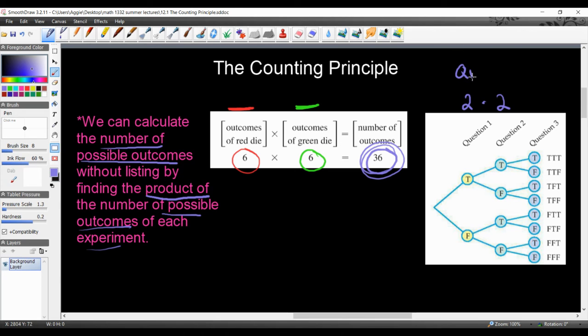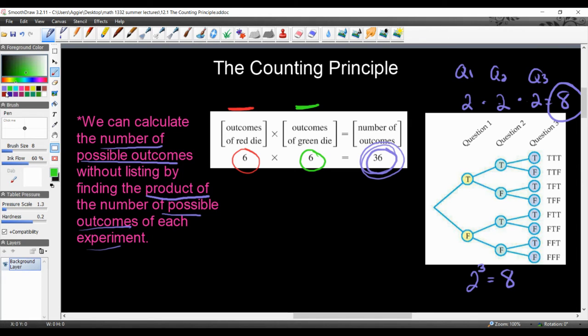So in other words, question one can either be true or false. That's why we have two. Question two can either be true or false. That's why we have two. Question three can also be either true or false, which is why we have two. And if you multiply two times two times two, we get eight. To be more specific, this could also be 2 to the third power, which is 8.